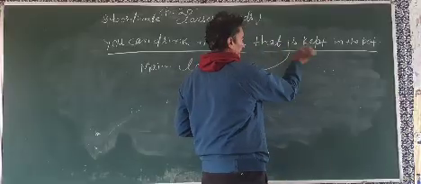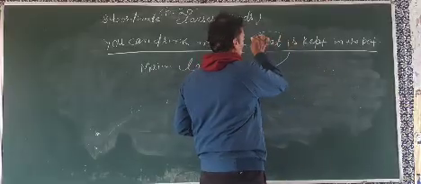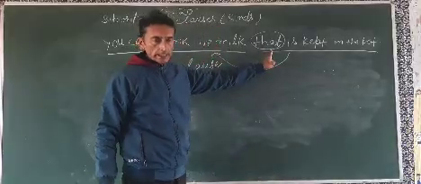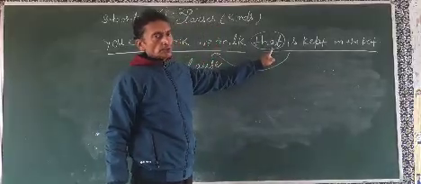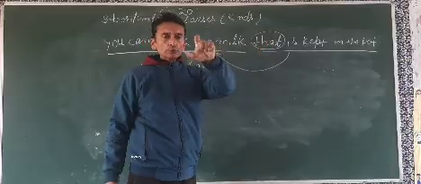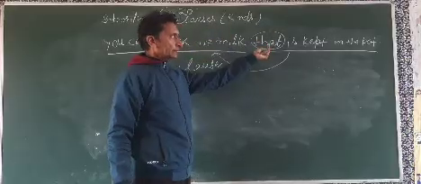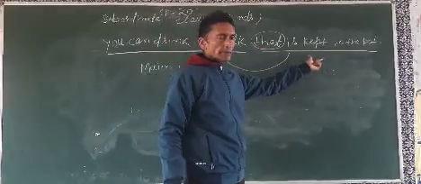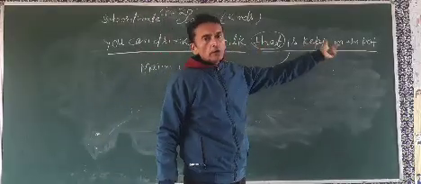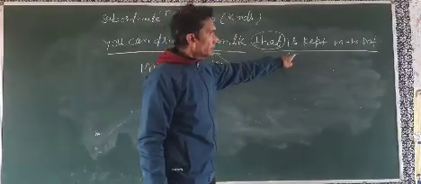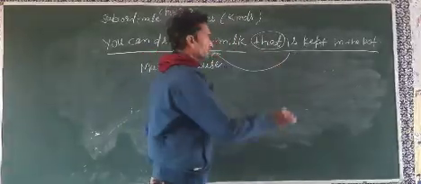And here, the adjective clause is introduced by the relative noun "that". This is a relative noun. So an adjective clause is usually introduced by a relative noun. "That" is the relative noun, and this clause has a subject and predicate on its own, so we can call it an adjective clause.